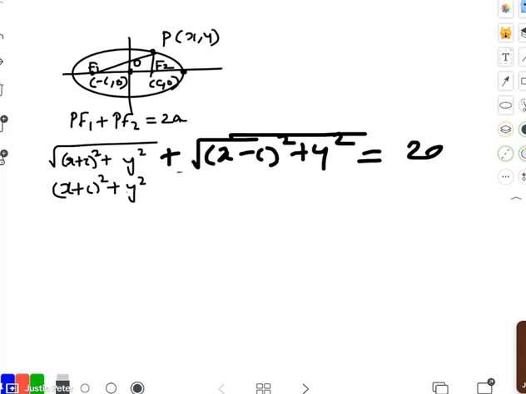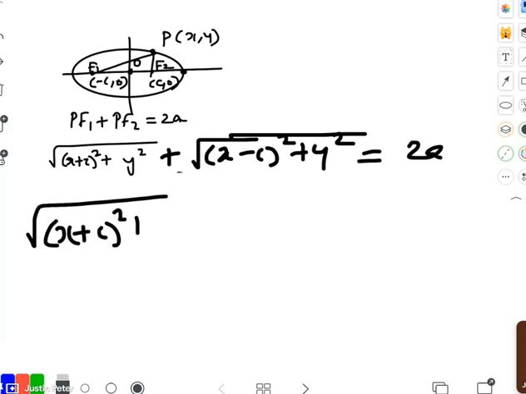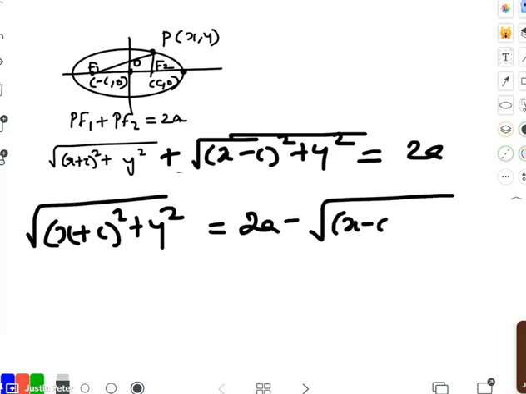So we just keep one square root, x plus c, on one side and take the remaining to the other side. Now square it.